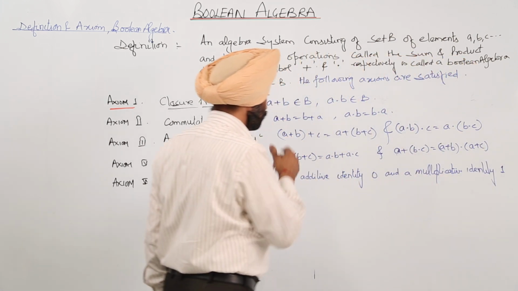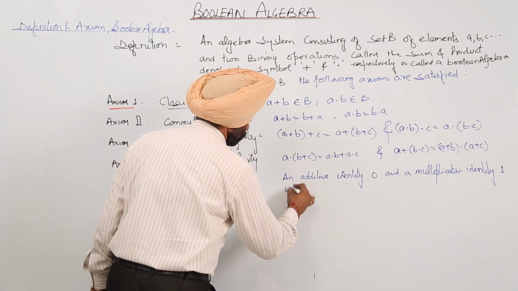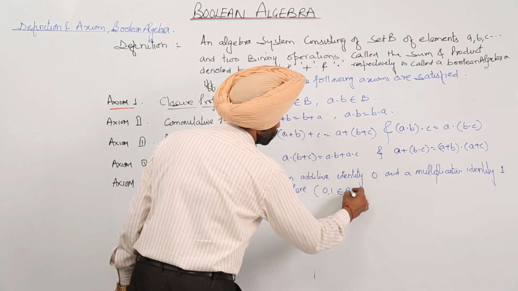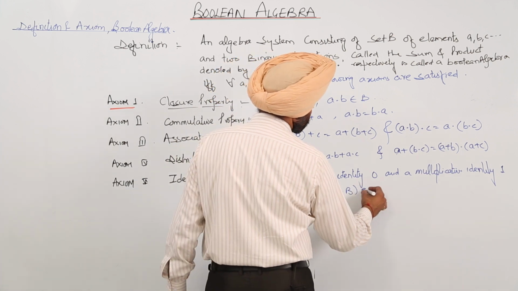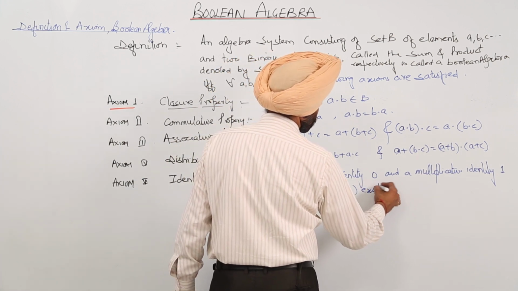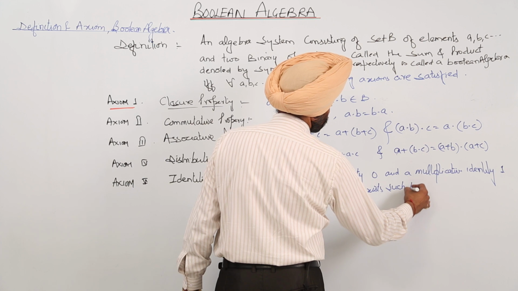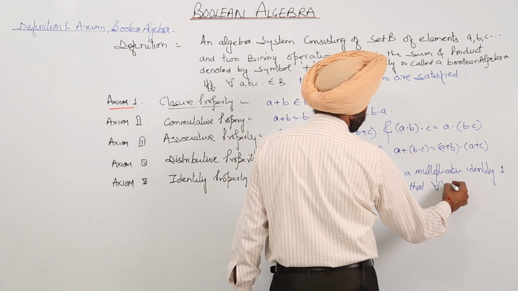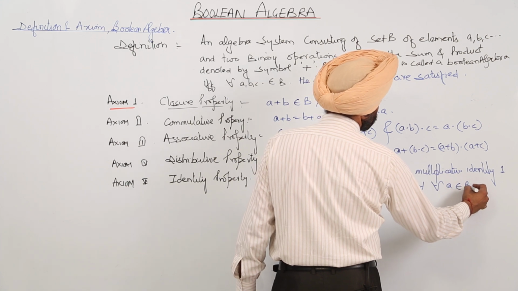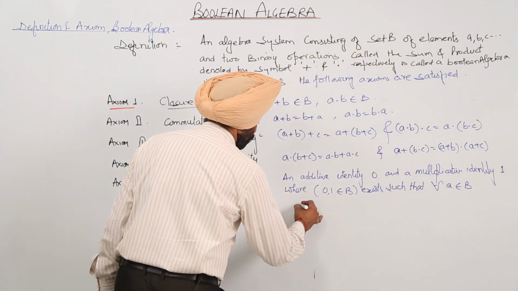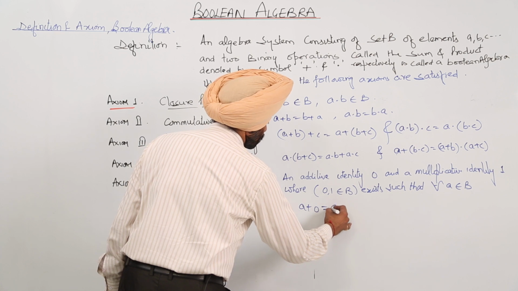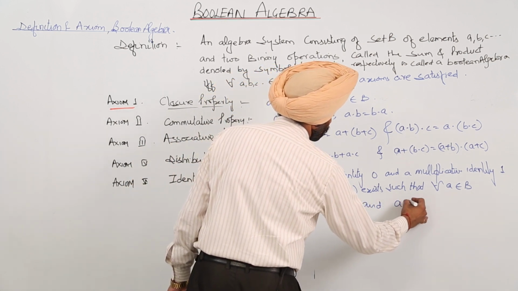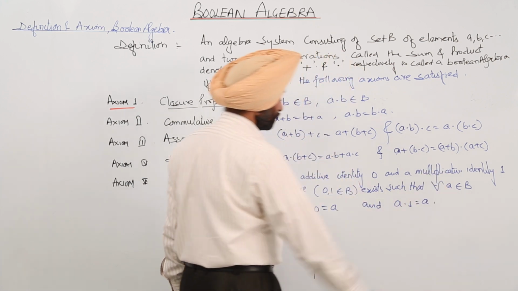Additive identity 0 and multiplicative identity 1, where 0 and 1 both belong to set B, exist such that for all values of A belonging to B, A plus 0 is equal to A and A dot 1 is equal to A. Okay.